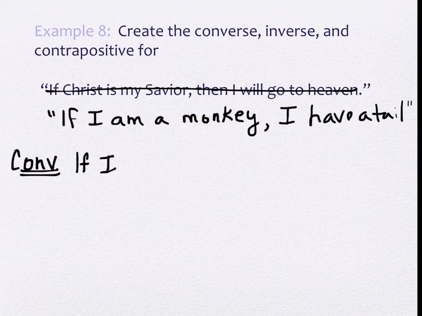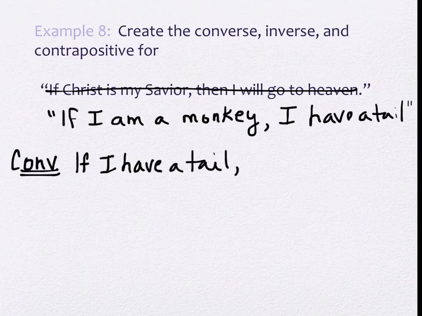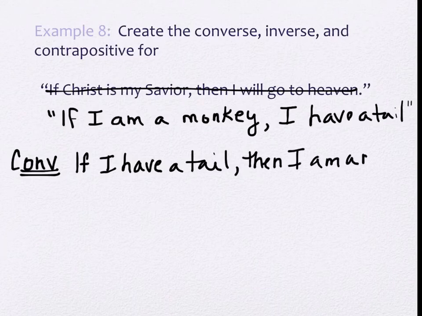If I have a tail, what will come next? Yeah, and if you want to use the word then, you can. Then I am a monkey. Is that true? No. We saw a picture of a cow, right? Do you remember that? That didn't work.